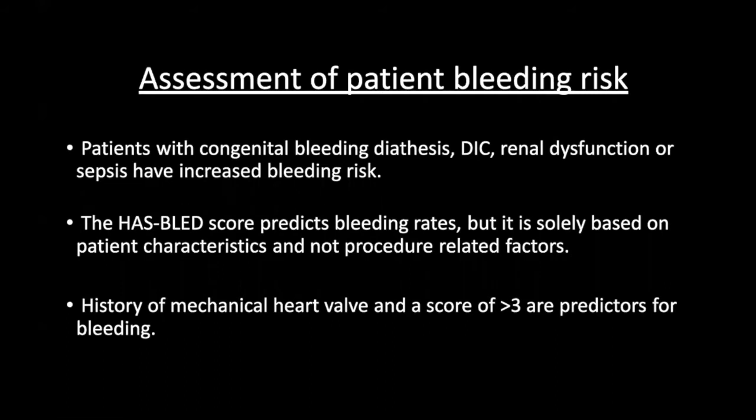And for these two, there are different scores that can help you predict whether these patients have a high bleeding risk. And to mention this, for patients who have mechanical valves plus a HAS-BLED score that is more than 3, this predicts that they have a high risk of bleeding.